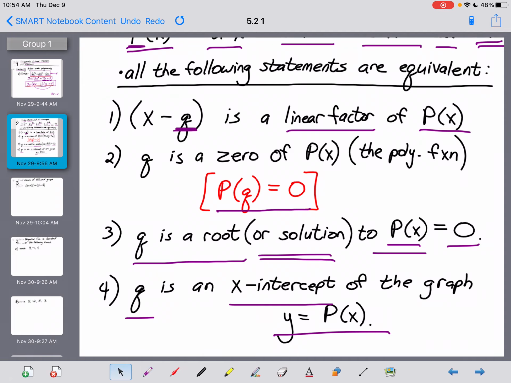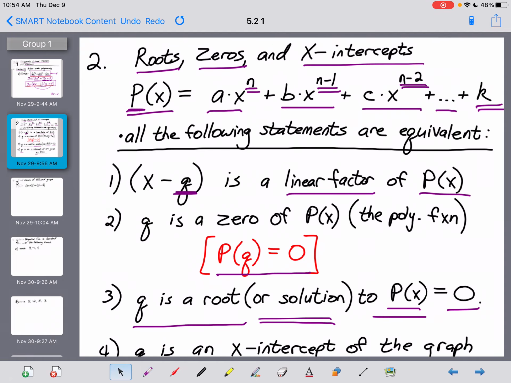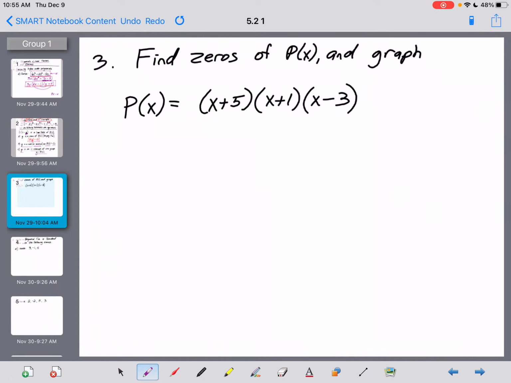Okay, so I know that's confusing, that's a lot of vocab, but basically what we need to know here is that roots and zeros and x-intercepts are all pretty much the same thing. Not exactly, but that's more semantic and it's in terms of vocab, so let's not worry too much about that. So let's get into the types of problems we're actually going to have to solve here in section 5.2.